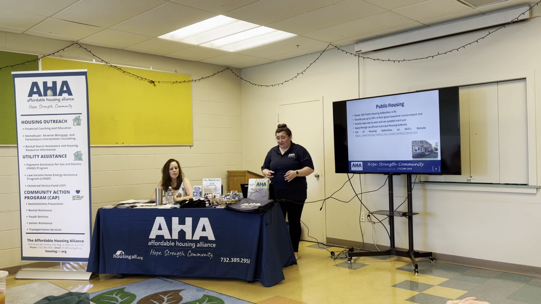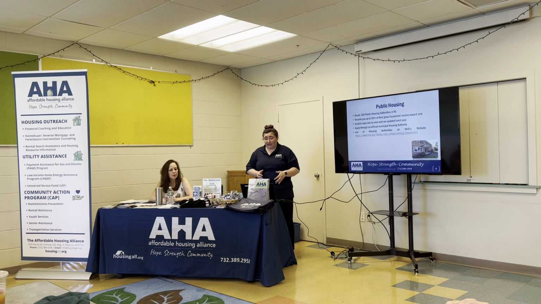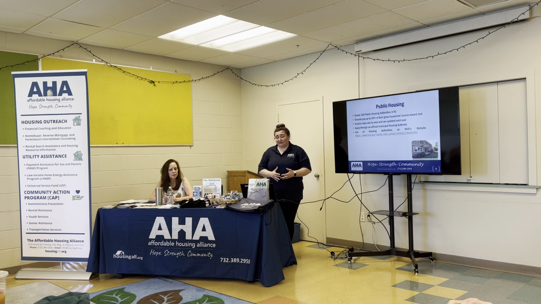So tenants pay up to 30% of their gross household income toward rent. Technically, what's affordable is considered 30% of your gross household income toward rent. Are housing prices matching our incomes? Not really, not right now. So public housing provides that benefit, whereas if you live there, your rent is cheaper.